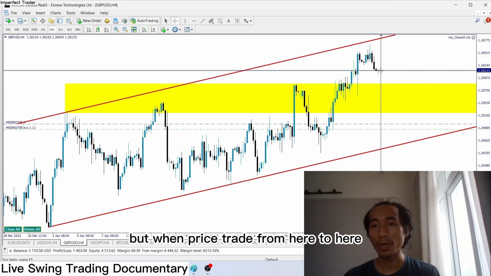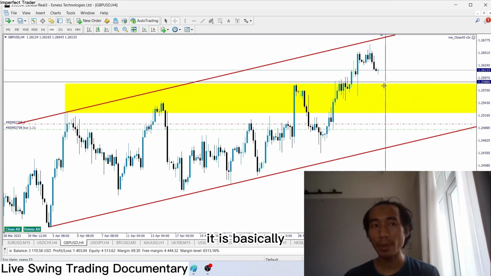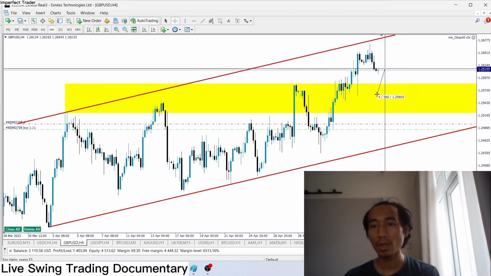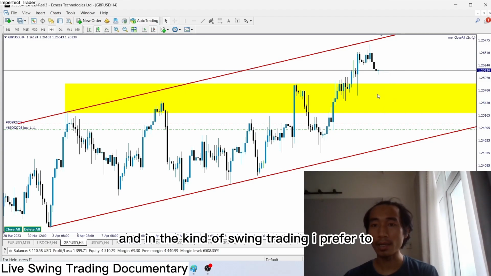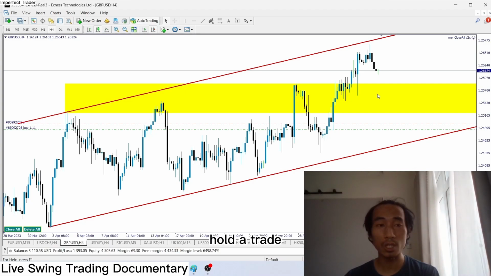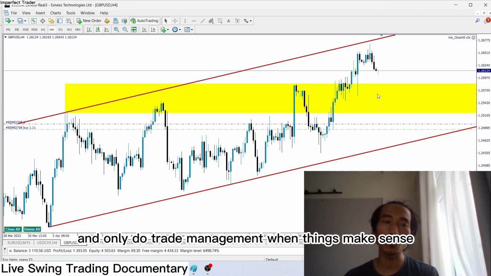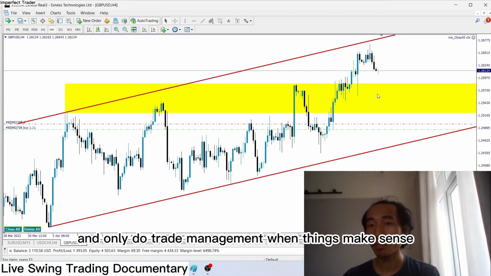But when price trades from here to here, it is basically a short-term move, and in swing trading, I prefer to hold the trade and only do trade management when things make sense.